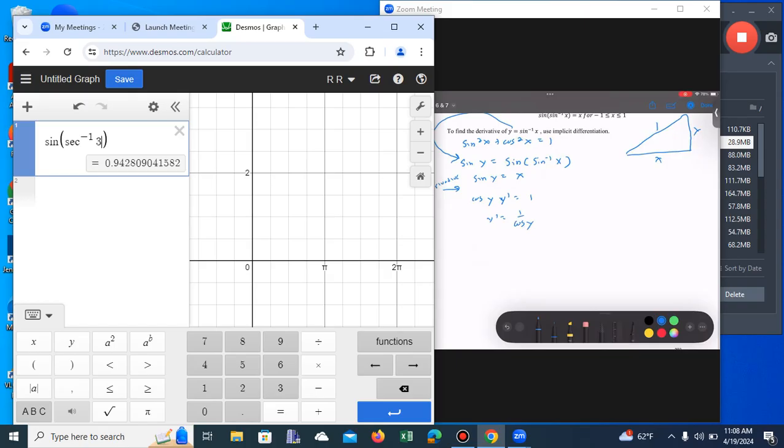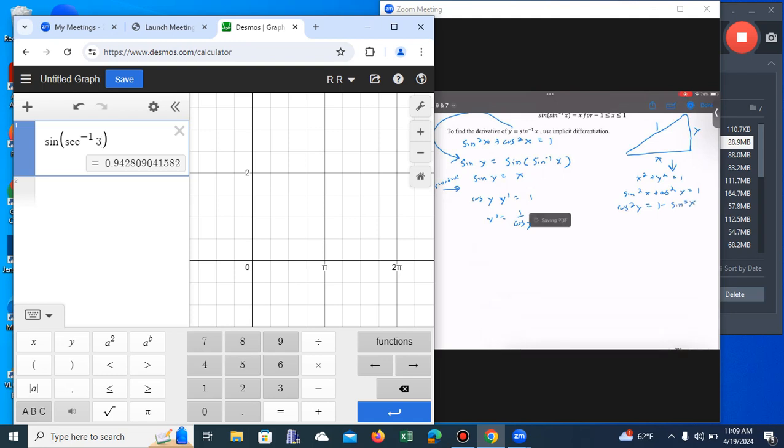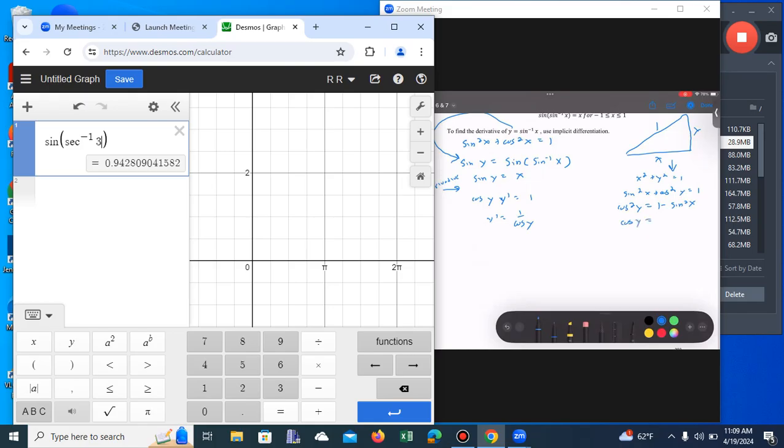And then this is where we bring back the triangle. We'll have x squared plus y squared equals 1. And we can write this as sine squared y plus cosine squared y equals 1. So cosine squared y equals 1 minus sine squared y. When we take the square root, we get cosine y equals square root 1 minus sine squared y.